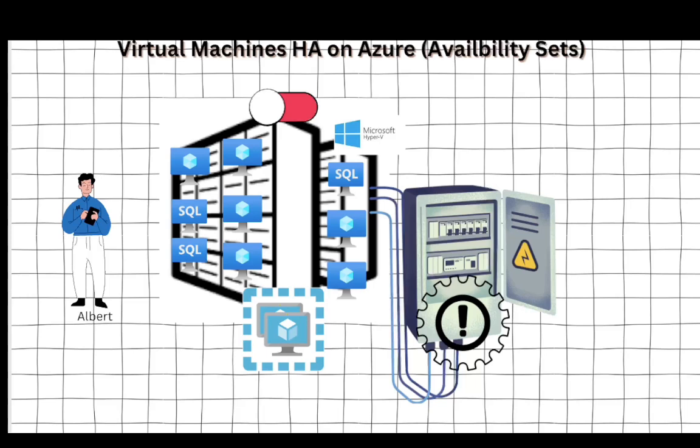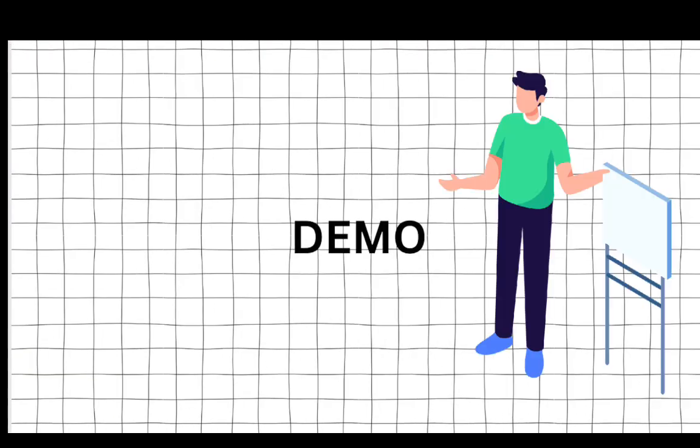What that essentially means is, even if one of the racks, which has your one virtual machine, goes down, the other rack will still be up. It will have a separate power source, so it will still be up if there is a fault. And these two racks will never be updated together. So Albert is going to plan that he is going to update rack 1 on a specific day and rack 2 on another day. Let's head over to the portal and have a quick demo of how this works.